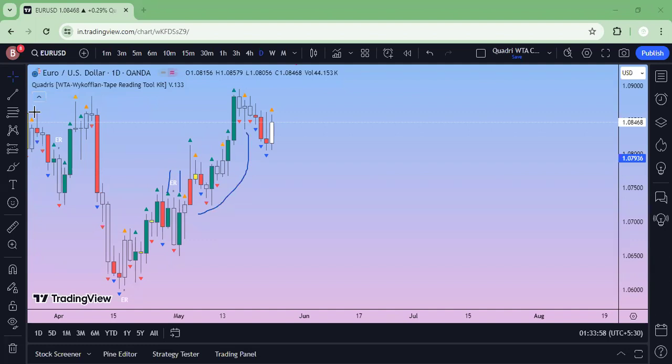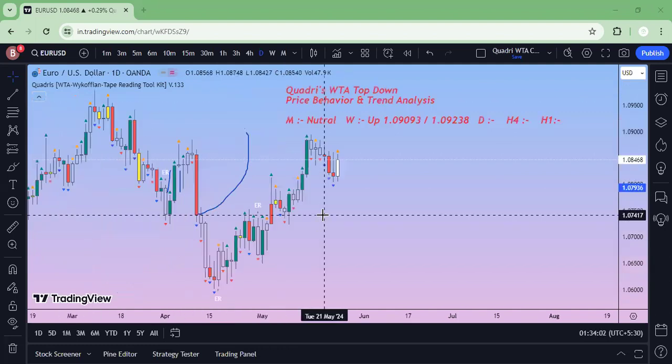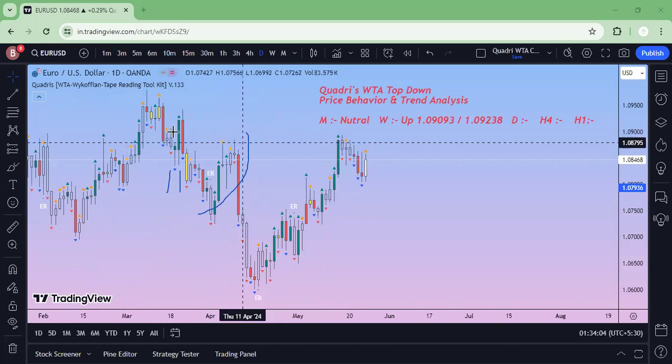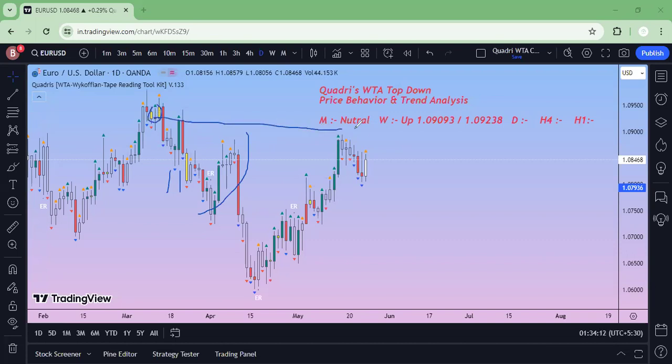When we approach this particular level, what has happened in the past in this area? You can see this was a trend change area. So when we are approaching a trend change area, that means we are testing this particular price area. It has already tested this price area. It has planned to come downwards.